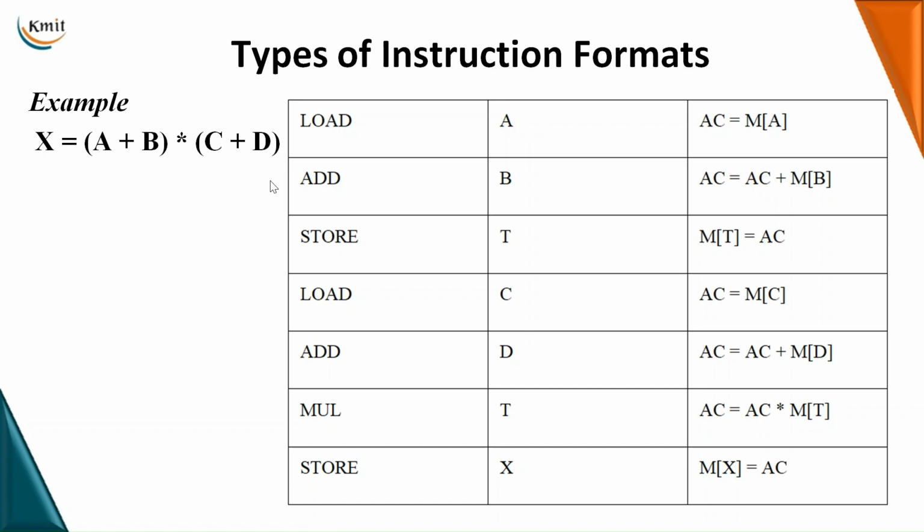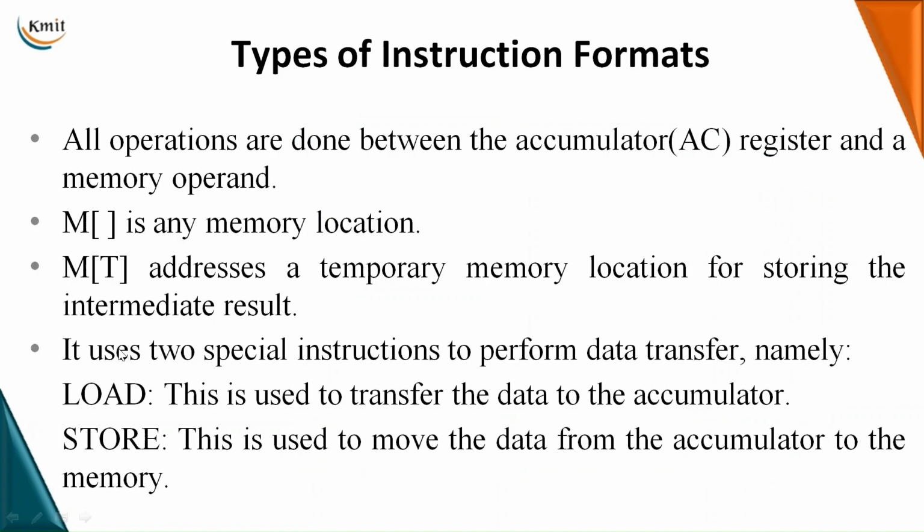The address part of the instruction format contains a single address or single operand, whereas the accumulator is implicitly used as the other operand. All the operations are done between the accumulator register and the memory operand.